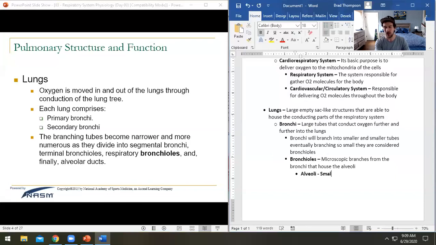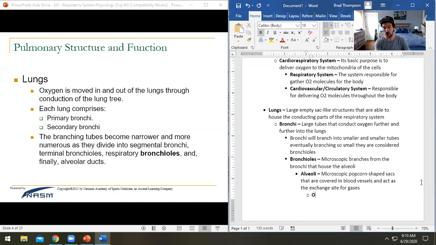And these are small, actually not just small, microscopic popcorn, and I know that's kind of weird, but that is actually how most people refer to it, popcorn-shaped sacs that are covered in blood vessels. And act as the exchange site for gases, okay? So this is actually where gases are being exchanged, right?